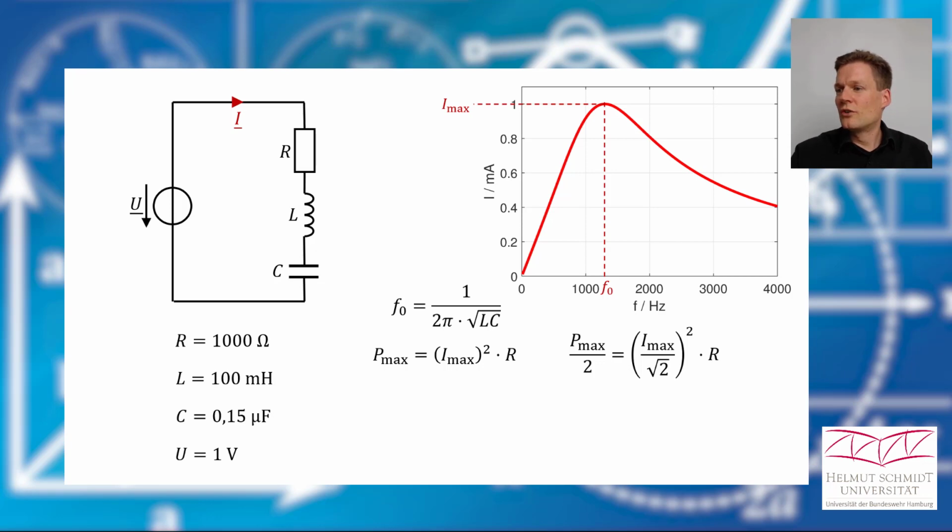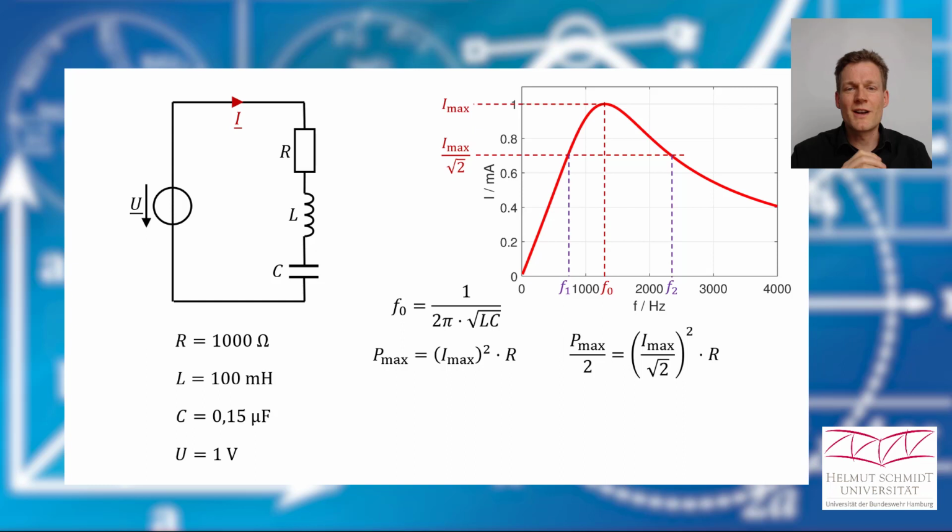Okay, we can draw this current here in our diagram, and now there is a definition for these two frequencies. These frequencies we call the corner frequencies. And between these two corner frequencies, we will have the maximum power consumption of our circuit.